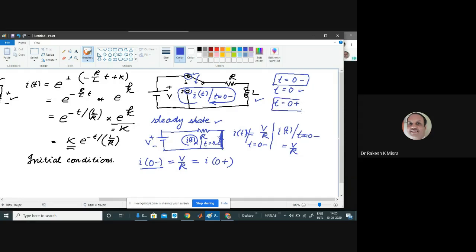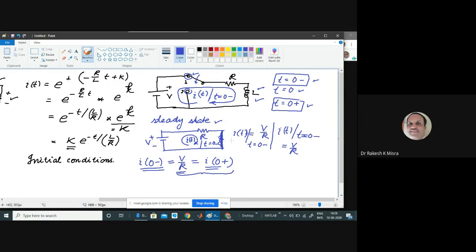Whatever the current is at this moment will be equal to this current, because current cannot change instantaneously through the inductor. This we know. Hence, i(0 plus) will be equal to this one.